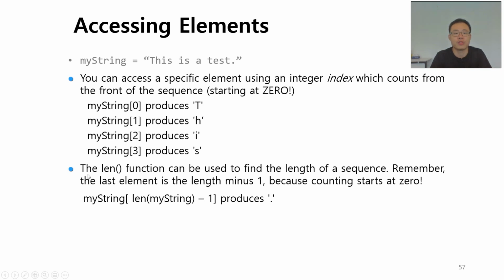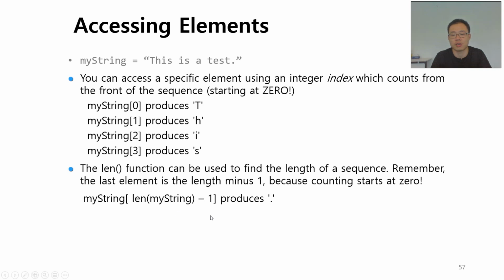Okay. The len, standing for length. The length function can be used to find the length of a sequence. Remember, the last element is length minus 1 because counting starts at 0. So if you want to get the period at the end of the string, you should use my string, length of the string minus 1. Actually, there is an easier way to do this.